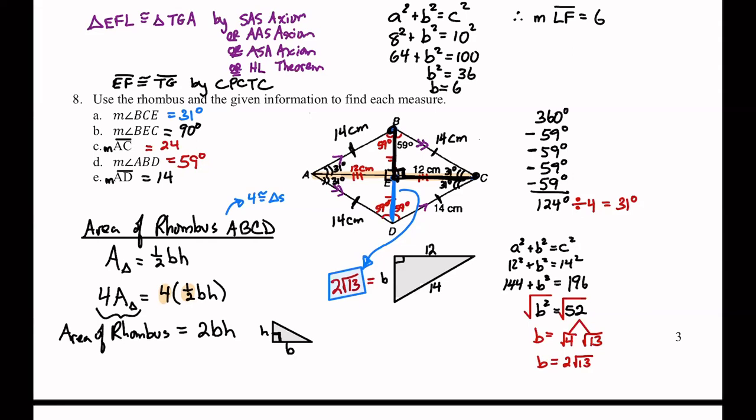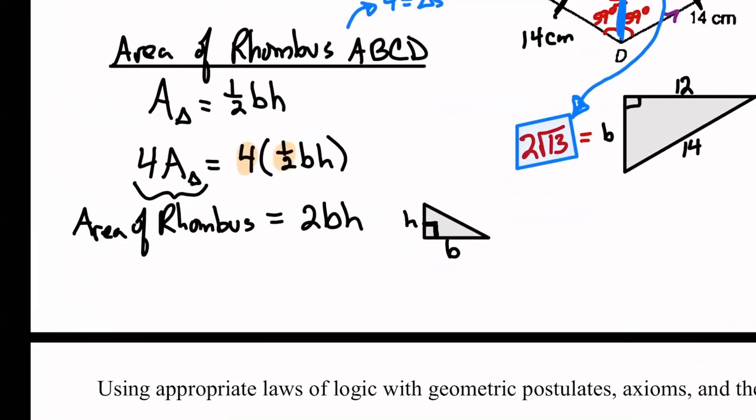So this base value, I can show you with a highlighter, is half of one diagonal.